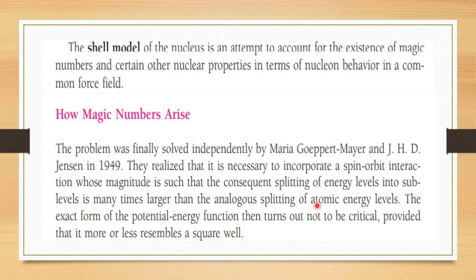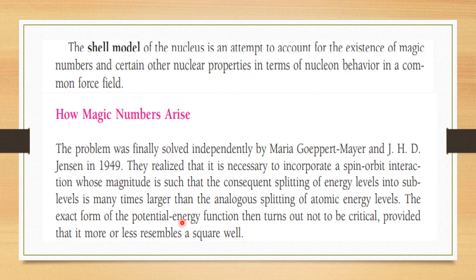We know that atomic energy levels split due to the effect of spin-orbit interaction. Similarly, there is an interaction between spin and orbit, and hence a splitting of energy levels. This spin-orbit interaction was incorporated into the theory of nuclear structure.